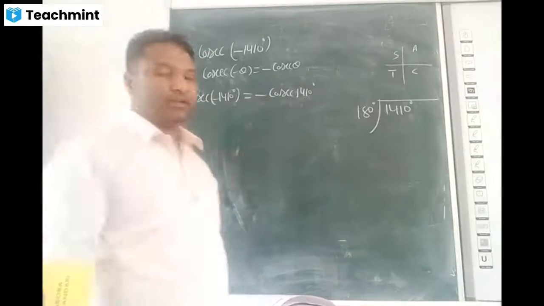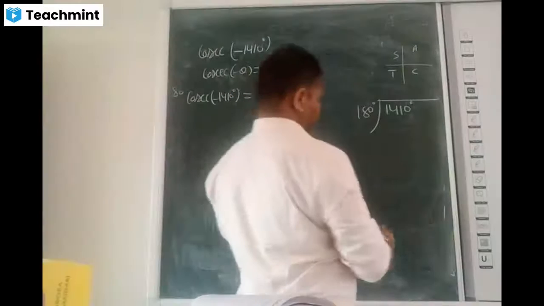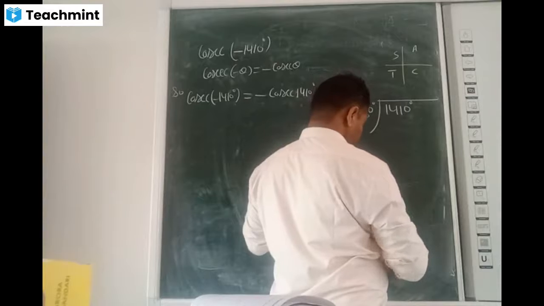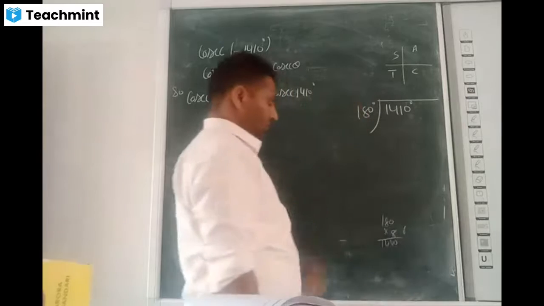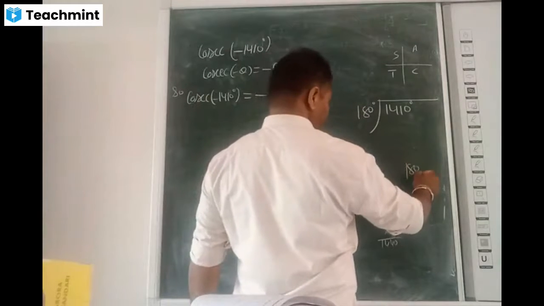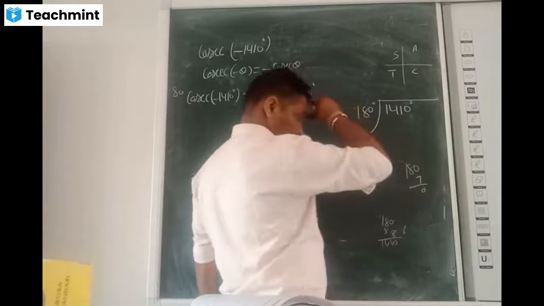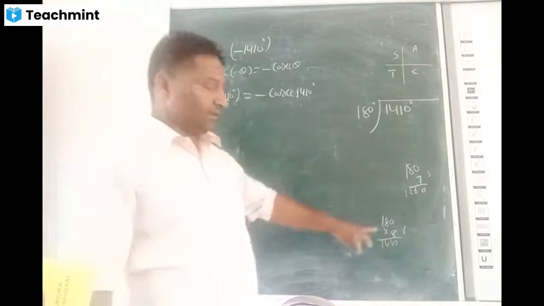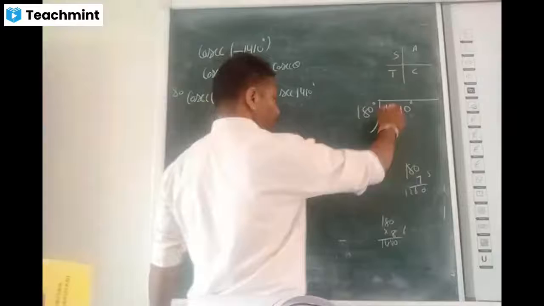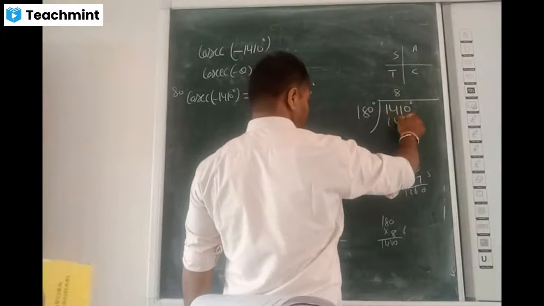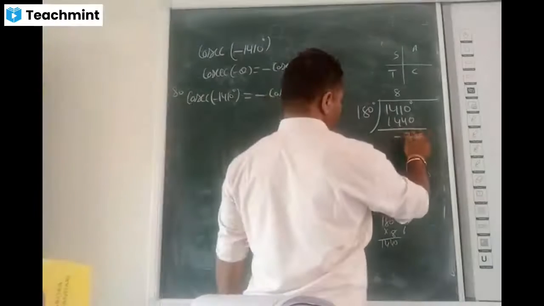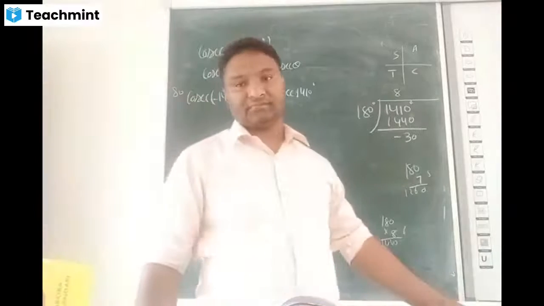Okay, you have to divide by 180. So here 18 eights are 144, it is coming like this. By subtracting, it is coming 30.